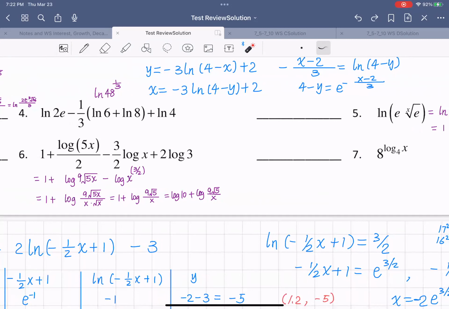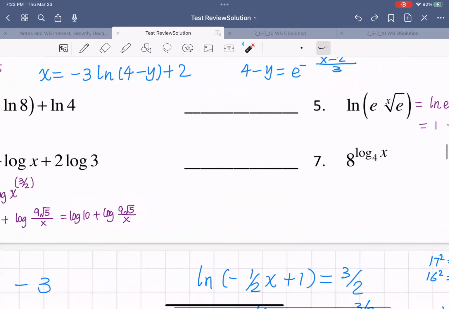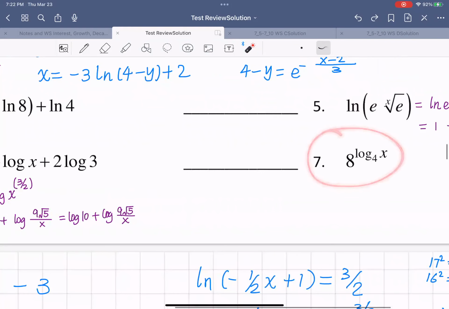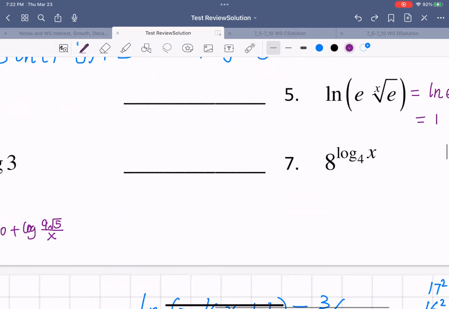Sudisha, let's do number 7. What do you want to do for this one? This is 8, so what you can do? This is 8, this is 4.